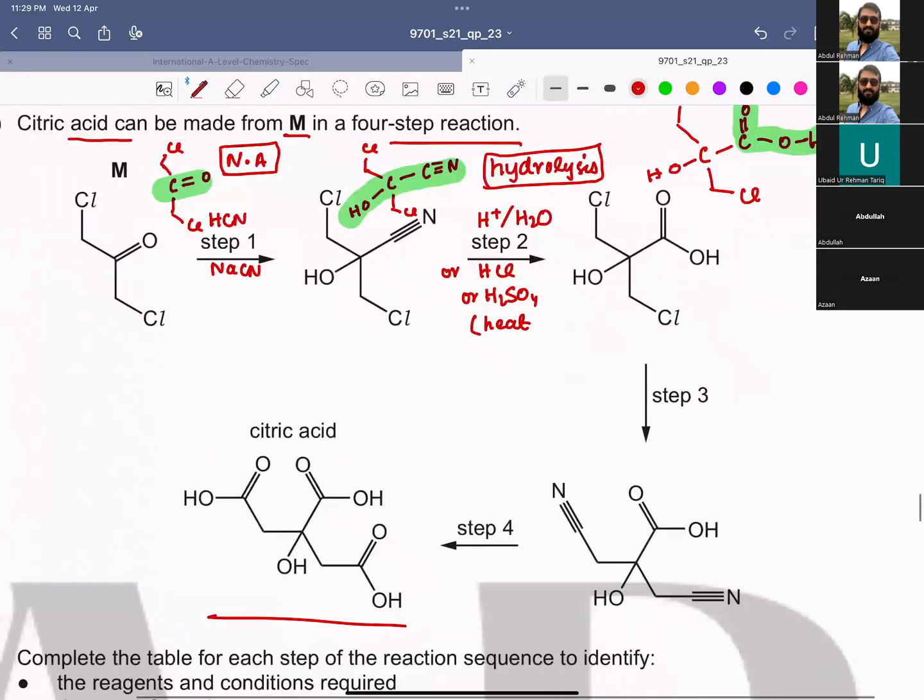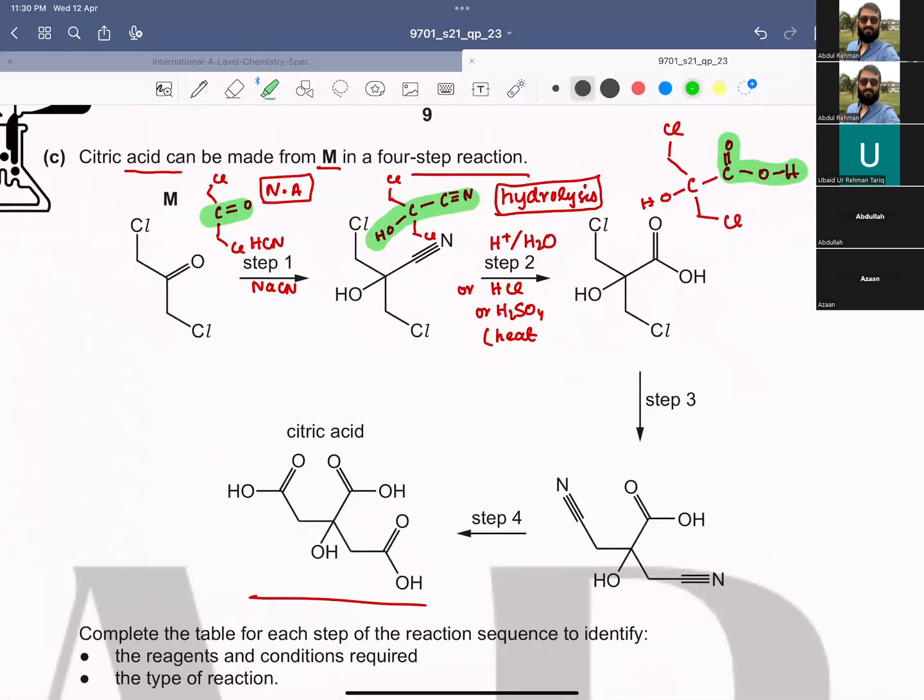If you see at step 3, the change we are observing is this. This carbon chlorine, here, instead of chlorine, we are observing a nitrile on both the sides.